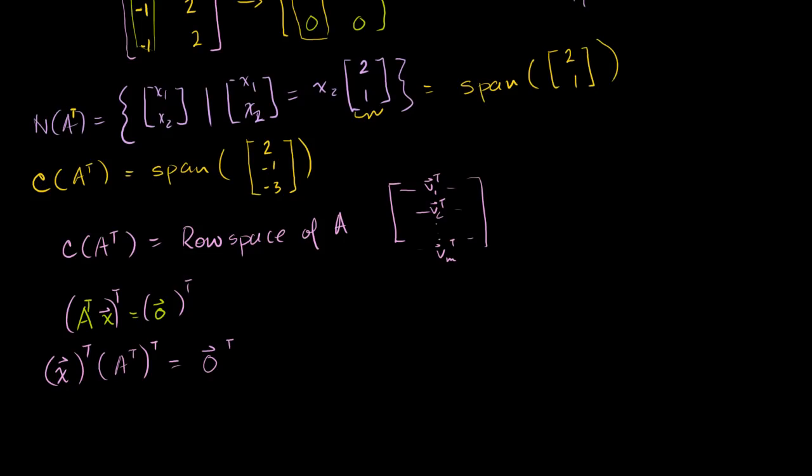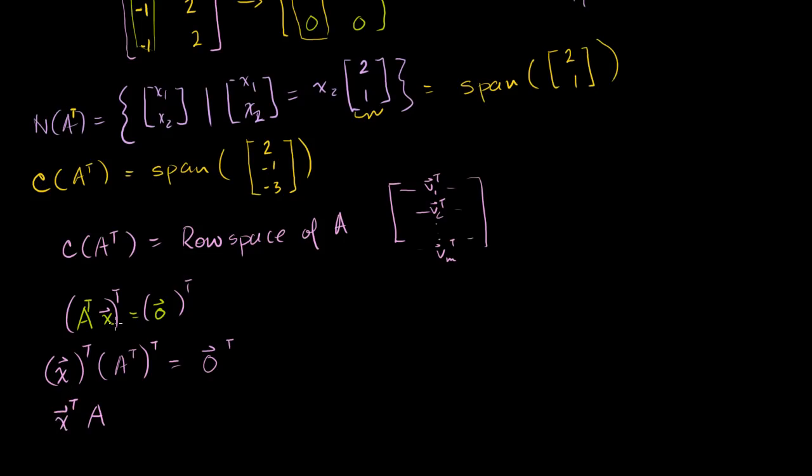Or we could just write this as some column vector x transpose times, what's the transpose of A transpose? Well, that's just equal to A. So you take the transpose of this column vector, you now get a row vector. You could view it as a matrix if you want.